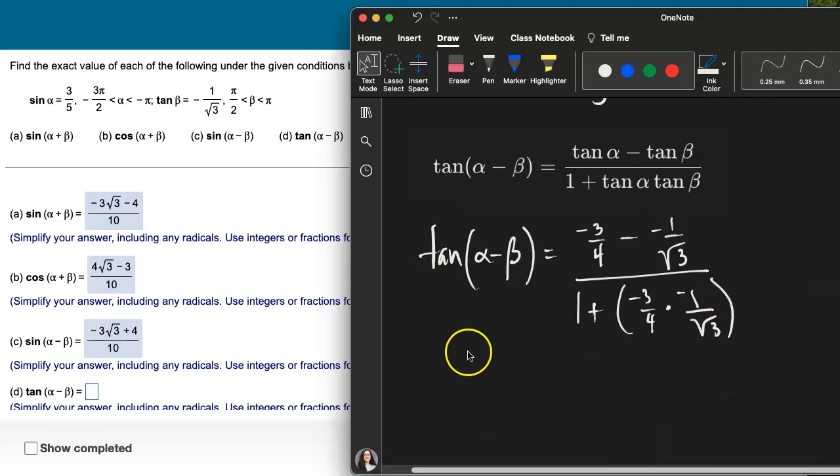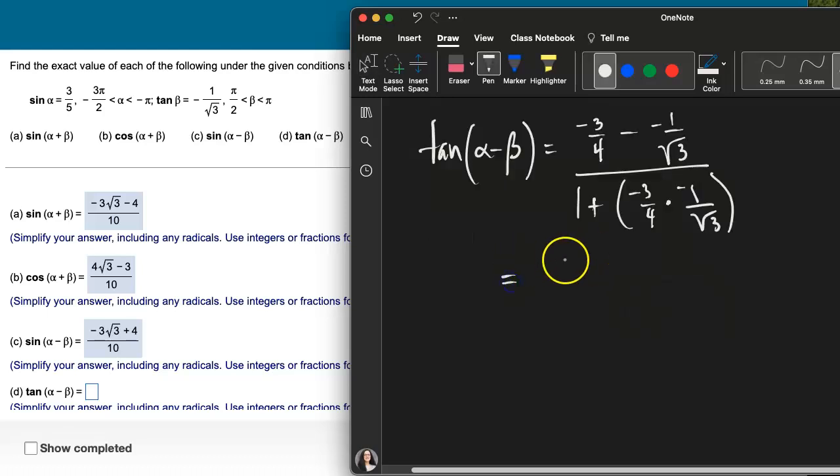Here I've just made those substitutions, and we now have this expression that we would probably need to further simplify, because it's not commonly accepted to leave fractions within fractions or radicals in a denominator. So let's start by cleaning this up a little bit, and multiplying down here in the denominator.